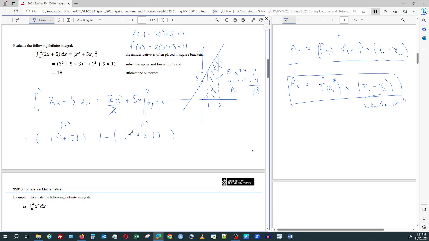So 1 is going in here, 1 is going in here, and 3 is going in here. And 3 is going in here. Okay, so we've got 3 3s are 9 plus 15. 9 plus 15 is 24. So that's 24.